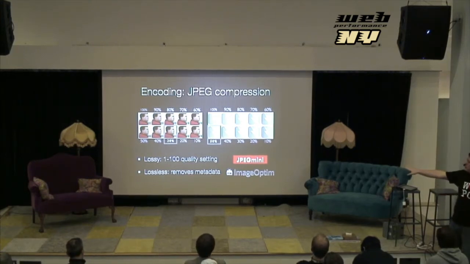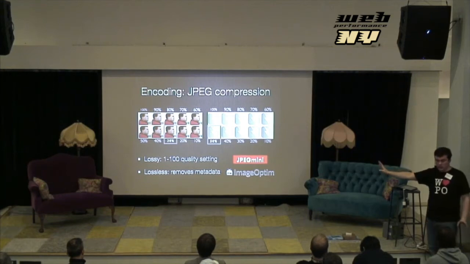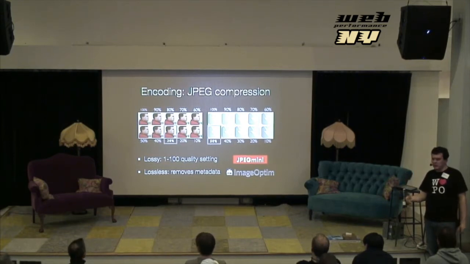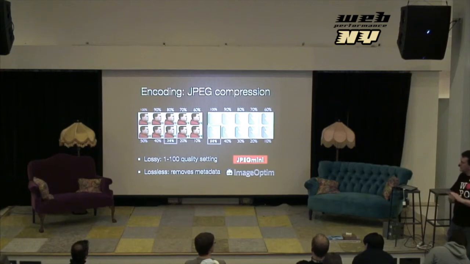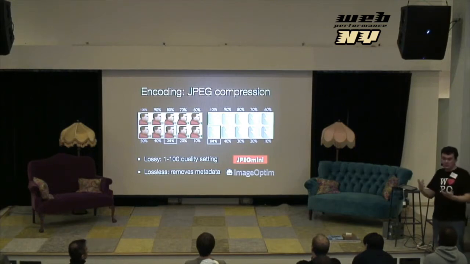So for a photo, you can go much lower, generally speaking, than for a logo, for example, right? Same applies to some photos with a lot of detail, some tiny lines and things like that, where you just cannot go as low as you can on a regular photo. And it goes without saying that the lower the quality setting is, the smaller the file is, right? That's why we are doing it.